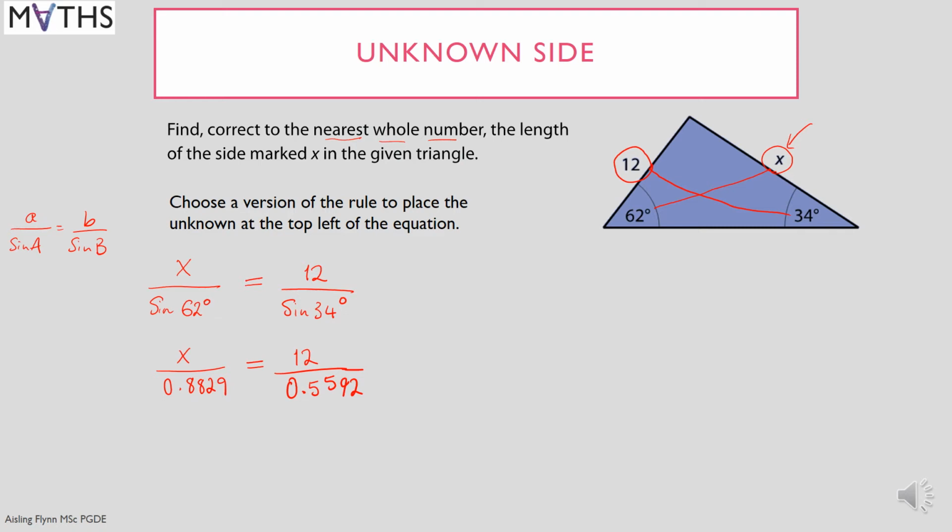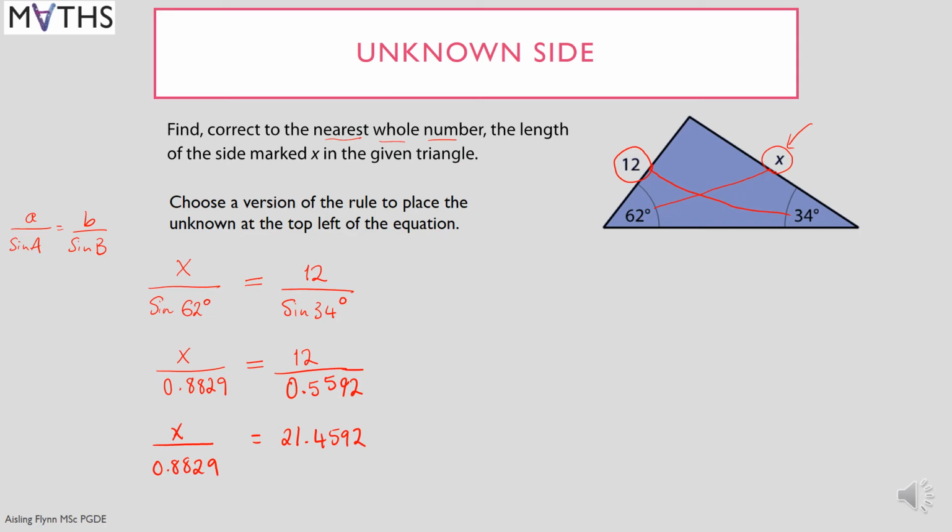Now we're going to solve for x. We have an equation, there's only one unknown, so it is solvable. We might do the division on the right first, so I'm going to do 12 divided by 0.5592, which gives me 21.4592.